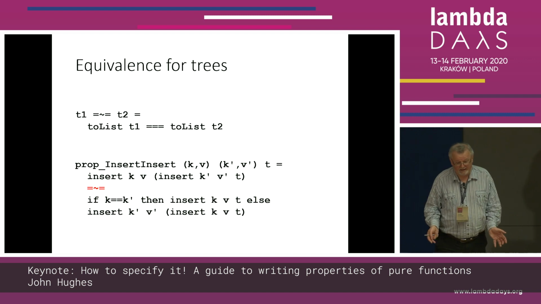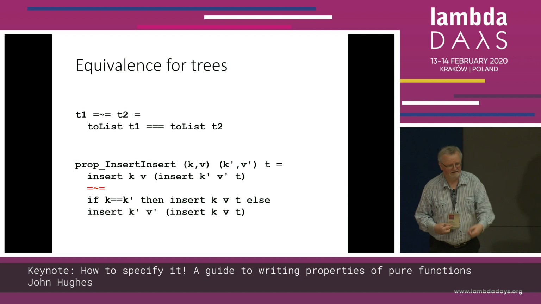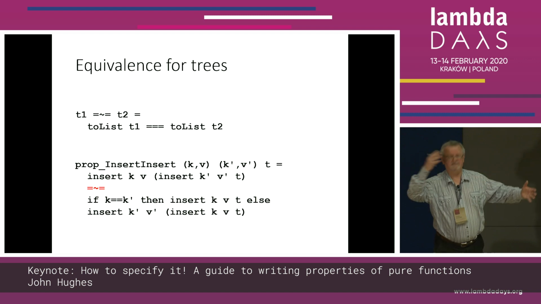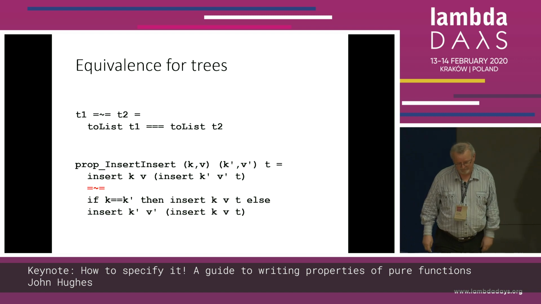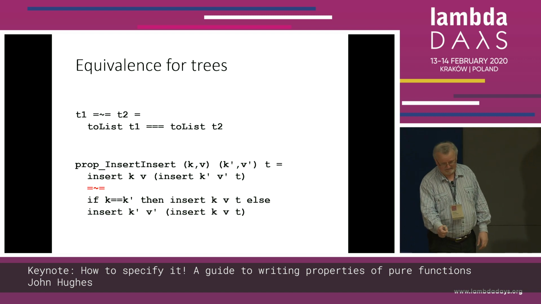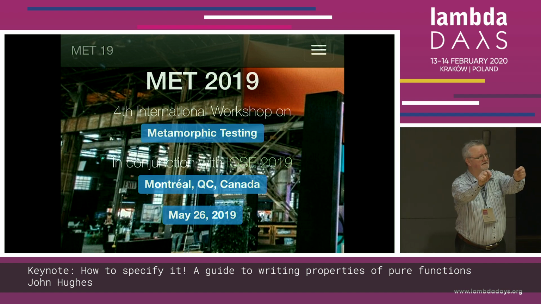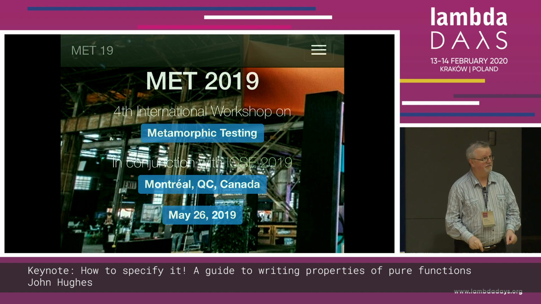And now I could go on, and I could write, insert with argument modified by delete, delete with argument modified by insert, delete with argument modified by delete, union with arguments modified by, lots and lots and lots of properties. So I get great testing. And this idea of running the code under test twice on related arguments and checking that you get related results, that's not limited to property-based testing.